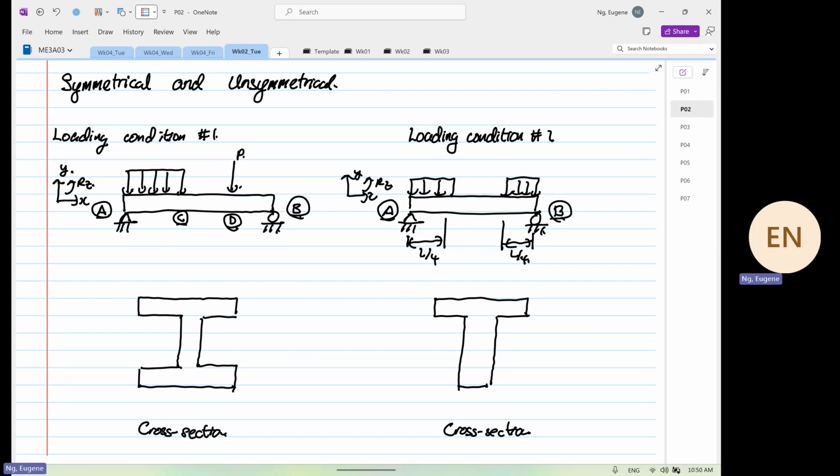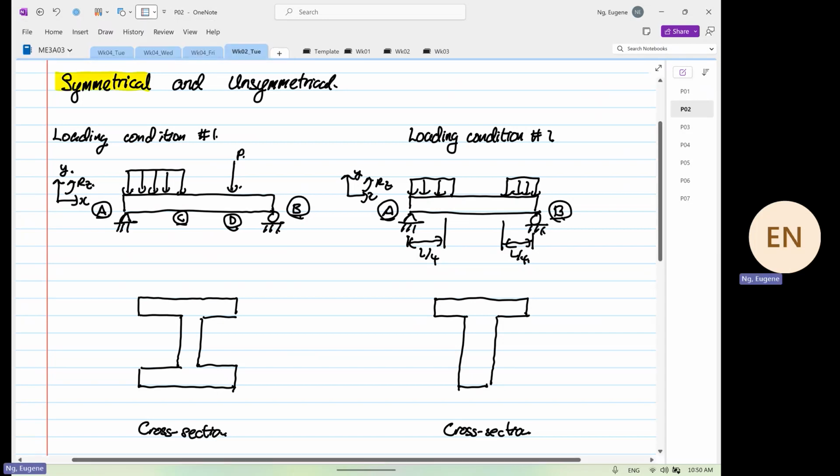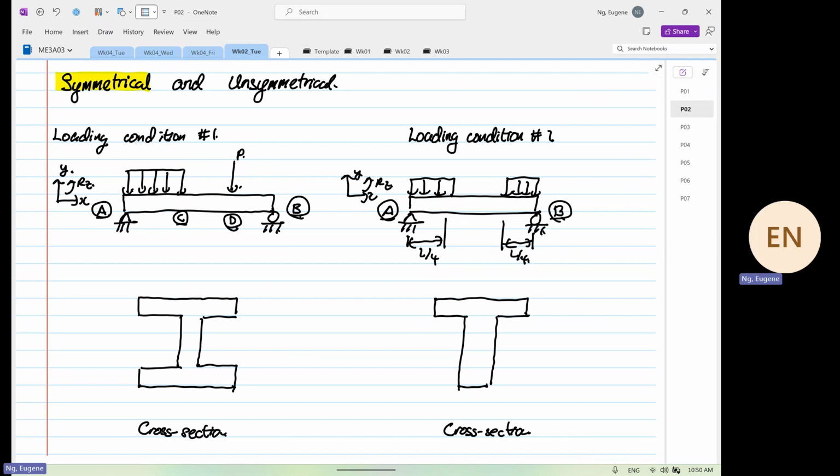Now, I would like to ask all of you, which one is under centric symmetrical bending? Condition number 1 or condition number 2?